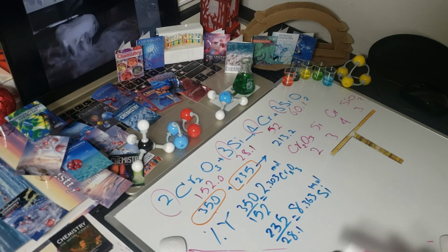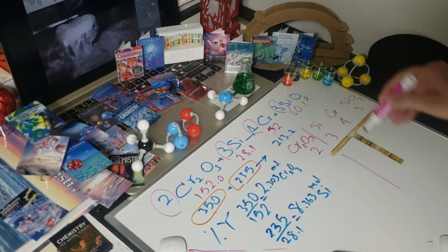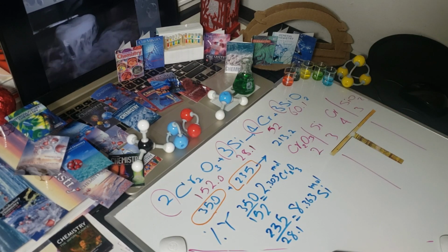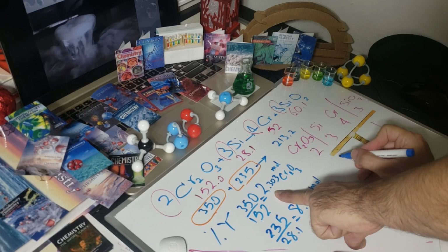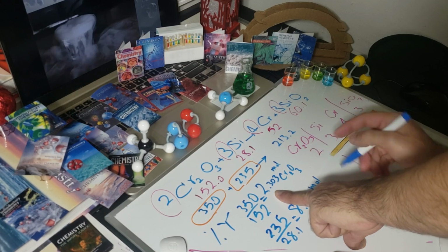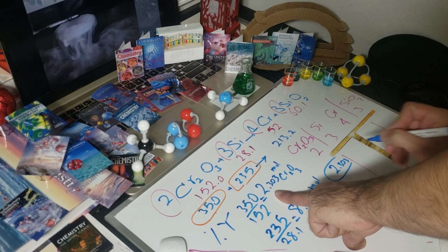That's the reference line. I'm also going to make columns here to make sure that I have enough columns. And I put the available amount of my chromium oxide here below chromium oxide, 2.303. That's the available, so I circle it.